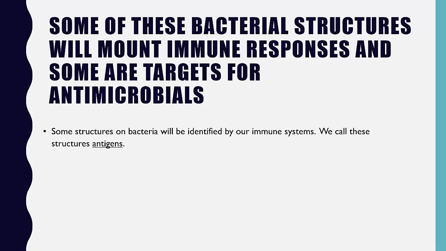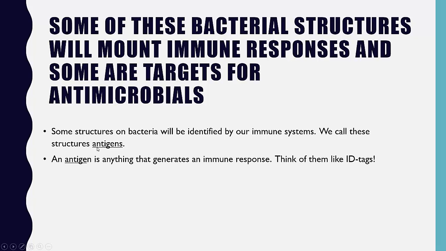All right. So, when there is a structure on bacteria that is identified by our immune system, our immune cells, we call those structures antigens. An antigen is anything that generates an immune response. And in the old days, we thought that it only generated antibodies in the bloodstream, which is part of our immune response.